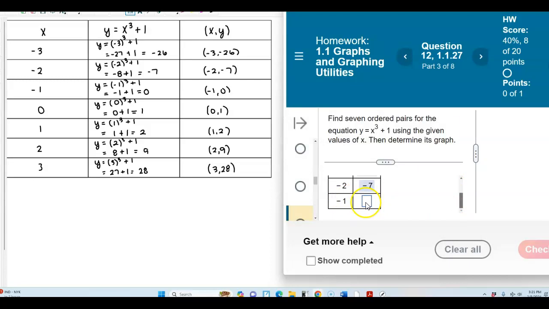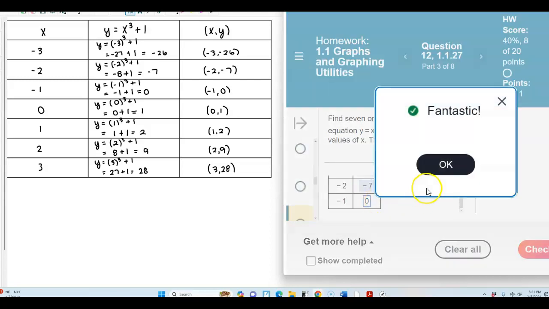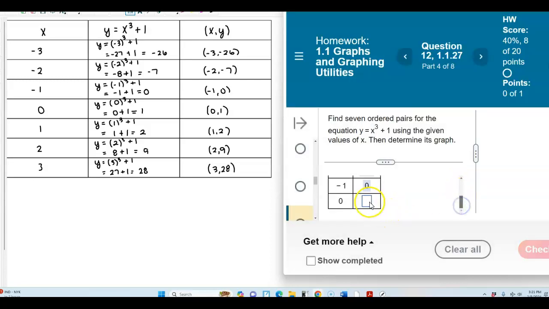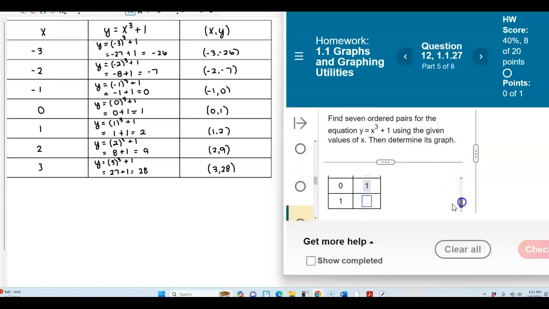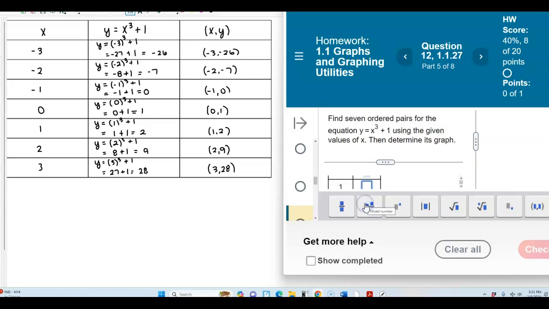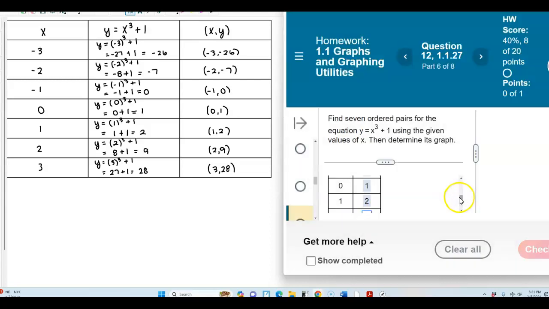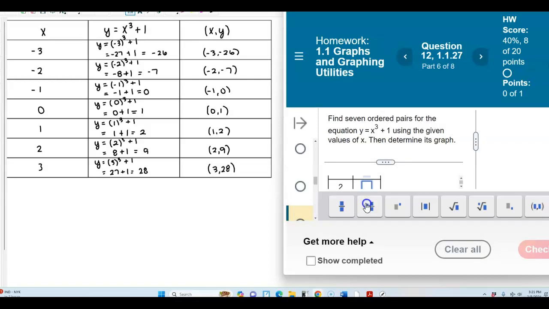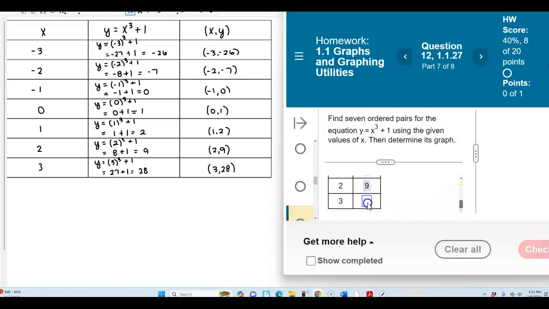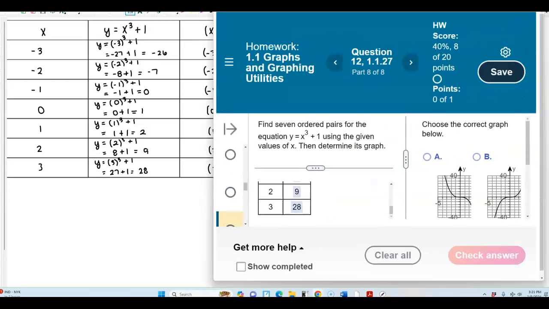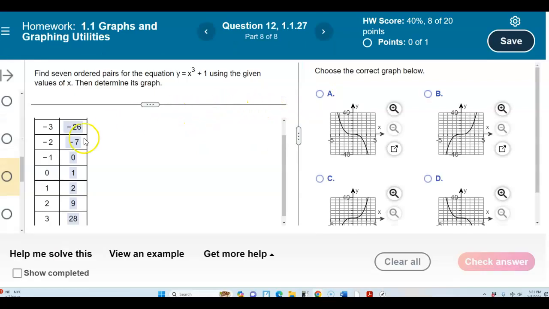We plugged in -1, and we got 0, there's our result. If we plugged in 0, we got a 1. When we plugged in 1, we got the value of 2. When we plugged in 2, we got a value of 9. And we plugged in 3, we got a value of 28. So therefore there are our ordered pairs.